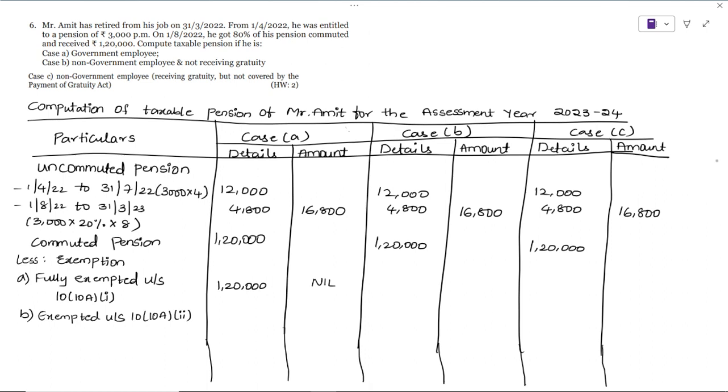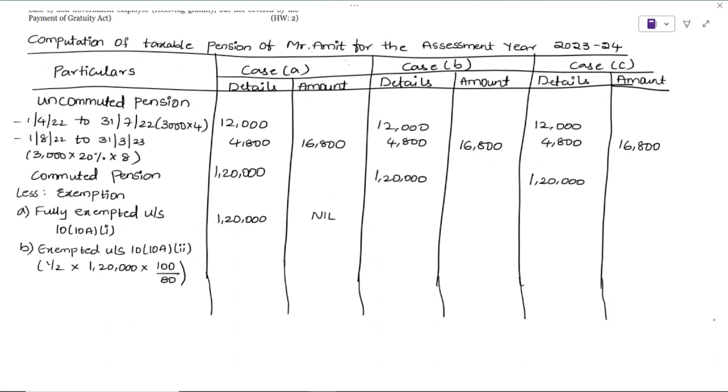Write down. We received how much? 1,20,000. So we'll write in more detail so that you will understand tomorrow. Case B, exempted under section 10, subsection 10A, clause 2. And 1/2 into 1,20,000 into 100/80 is exempt.